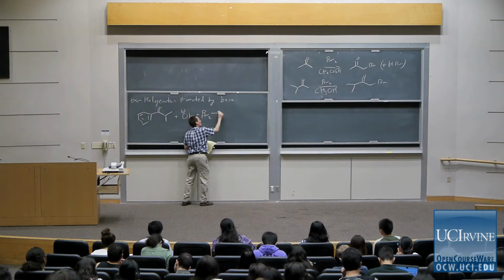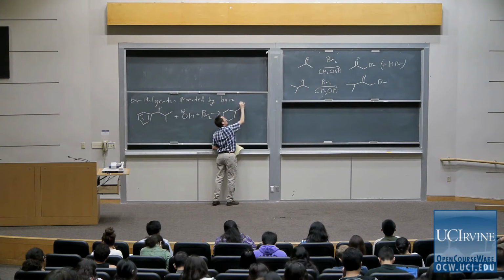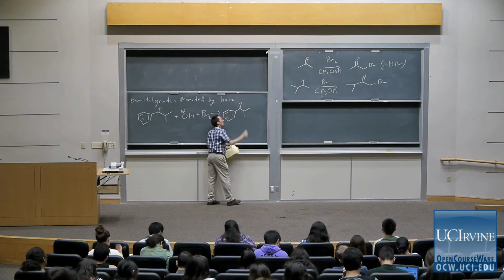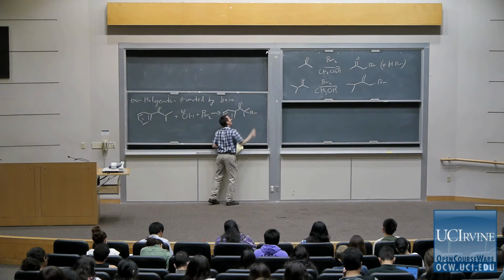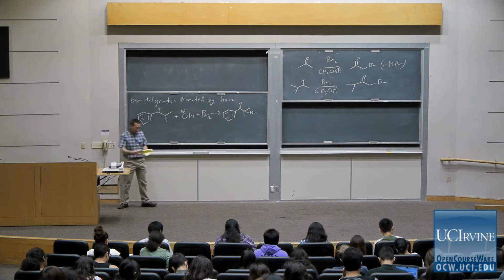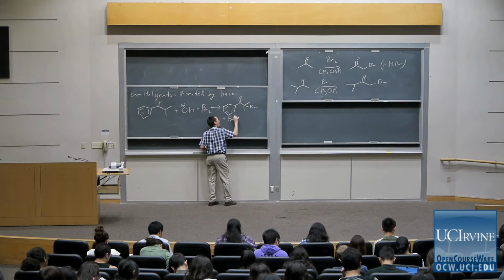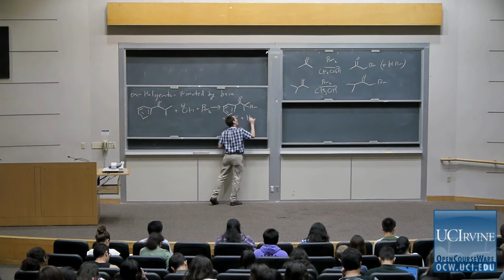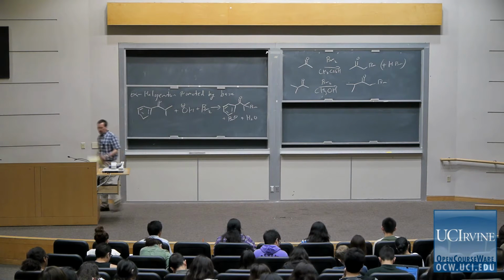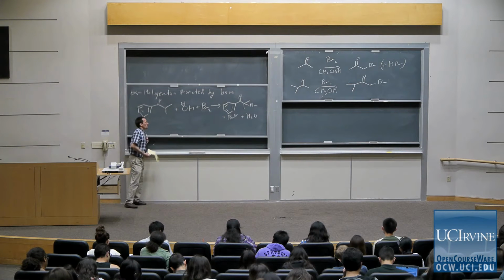Anyway, plus bromine. And so very much like the other chemistry we were talking about, you're going to end up alpha brominating. And if I write a balanced equation, you'll see that the other products of this reaction are plus bromide ion and plus water. So you notice we've actually consumed a molar equivalent of hydroxide in the reaction.